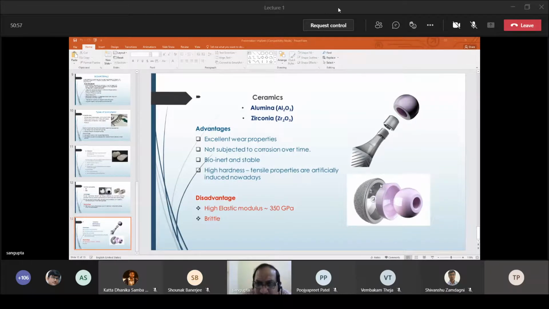Isn't it? So consider a patient of 40 years old, he still has a working life of 20 years. Later on, he can replace certain parts, but basically the implant needs to be seated very securely within the bone.